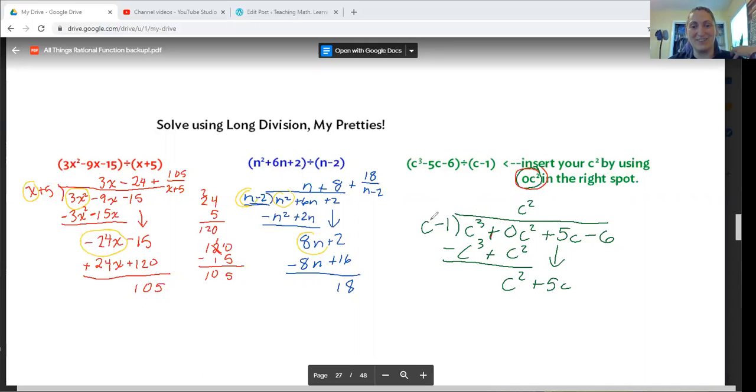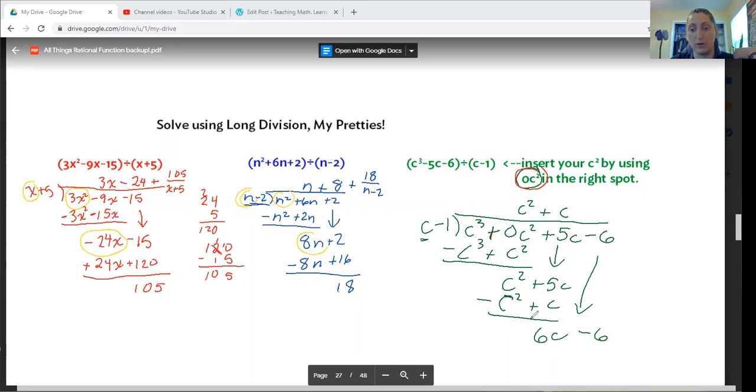Now we're rolling. What do we have to do to c to turn it into c squared? Well, you multiply it by c. Keep that over the same column. C times c is c squared, and then c times negative 1, negative c. Change your signs to combine, and you have 6c. All right, bring down your minus 6, 6c minus 6. All right, c goes into 6c. Well, how many times?